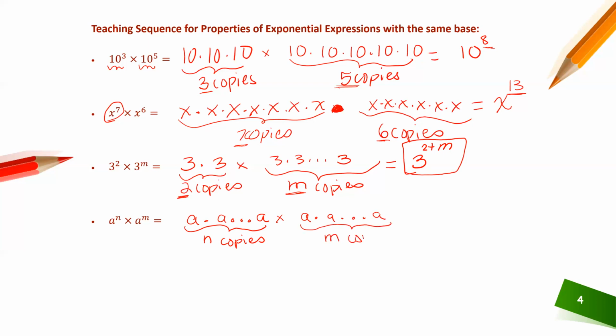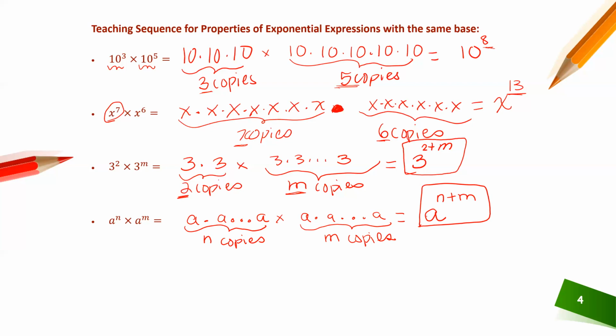M copies of a. Now, all together, if we visualize it, how many copies of a do you have? And what is the base? The base is a, and I have n plus m copies of a.